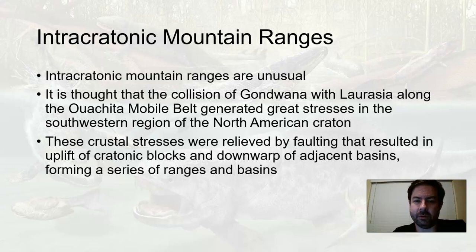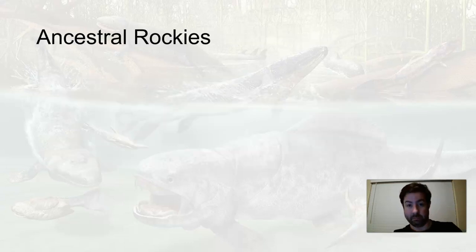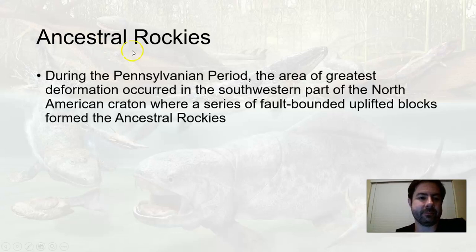There was so much pressure on this part of the southwest that faulting resulted, and pieces of crustal material were thrust up while others fell down, forming a series of mountain ranges and down-dropped basins. This is what formed the beginnings, not the complete thing that we see now, but what's known as the Ancestral Rockies, getting the Rocky Mountains started.